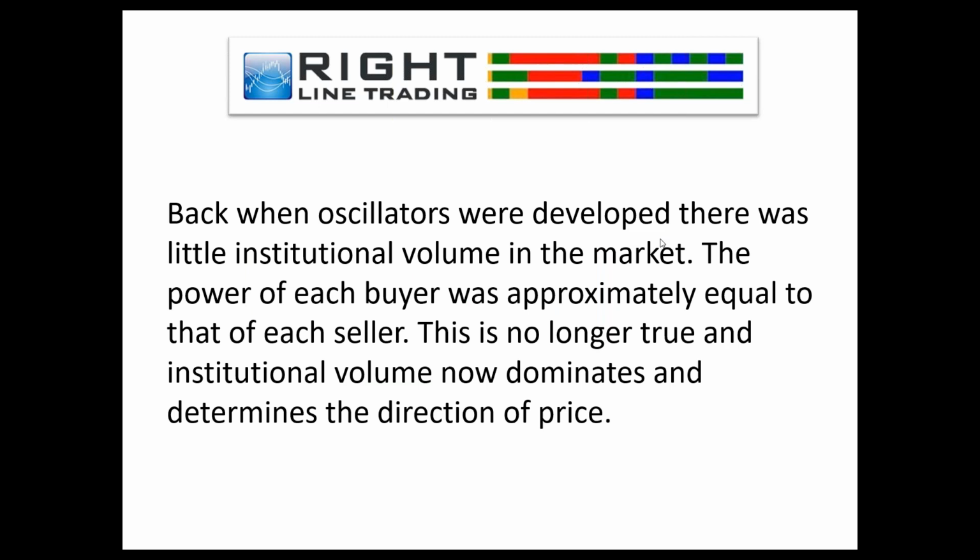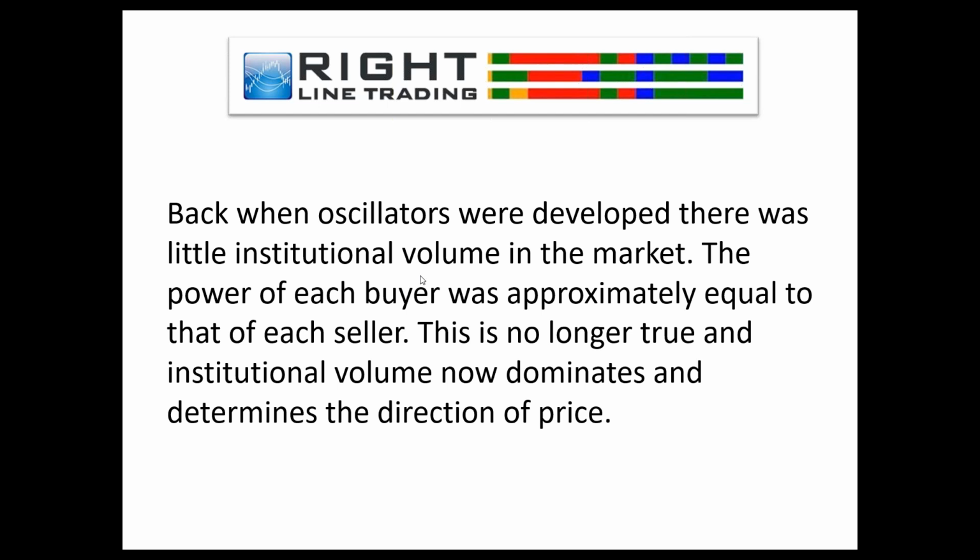When oscillators were first developed, and this is true of many, many other indicators, and I want to talk to you about those, there was general volume in the market. And the supposition that you could make was essentially the power of each individual buyer was equal to that of each individual seller.